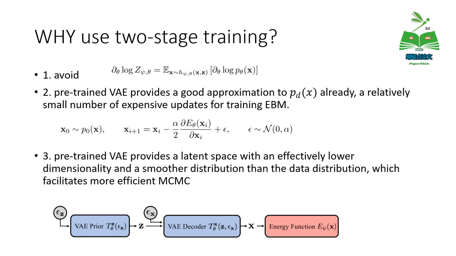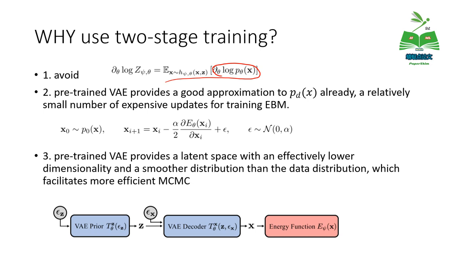They also explain a bit about why they use two-stage training. First, they avoid computing this full definition. Second, because they first pre-train a VAE, it has provided a good approximation to the real data distribution.